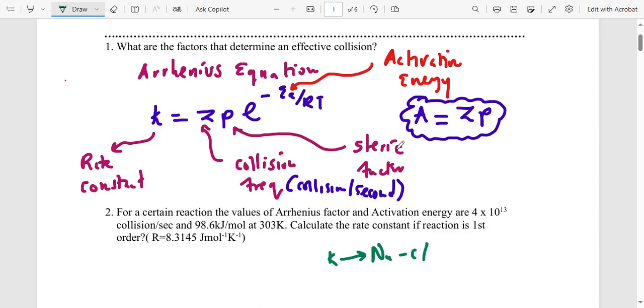So the steric factor tells us the fraction of those molecules that are colliding with the proper molecular orientation. Or we can also say the steric factor is the probability that two molecules will collide with the right orientation.